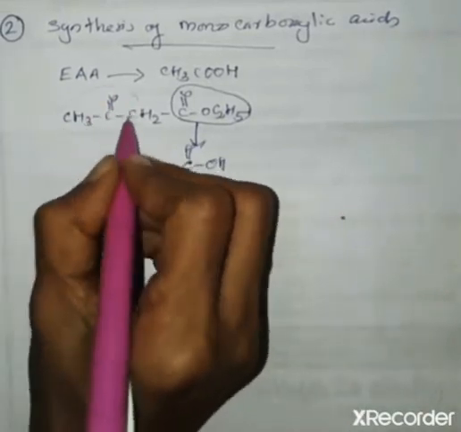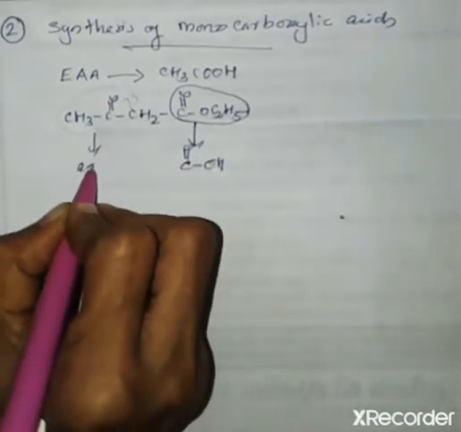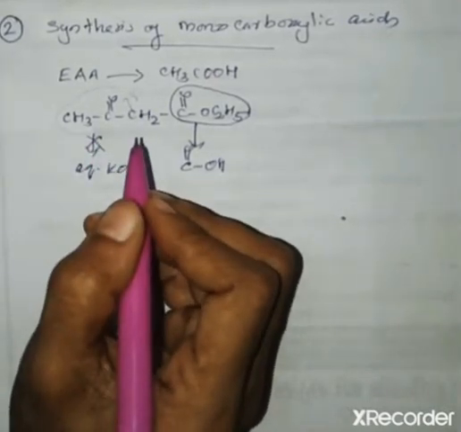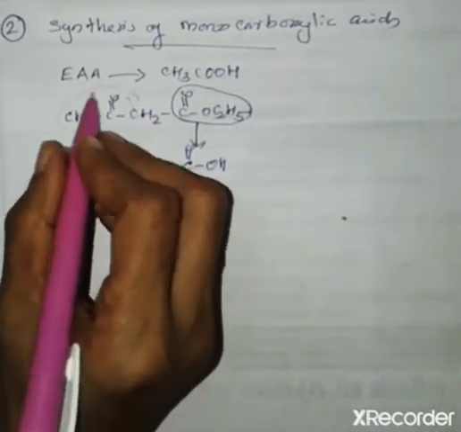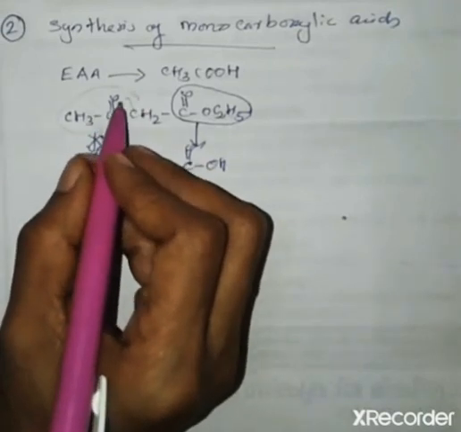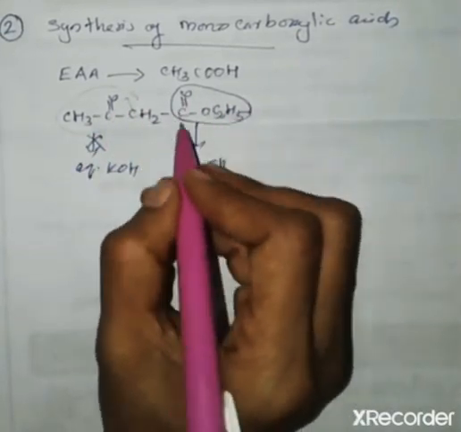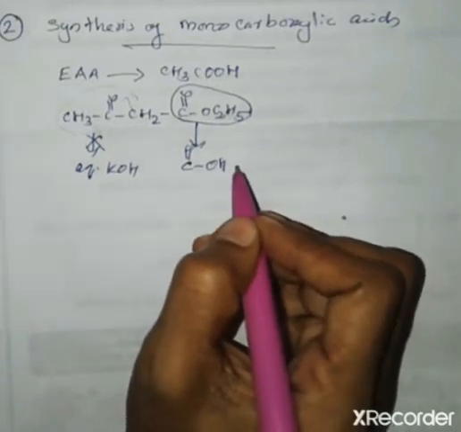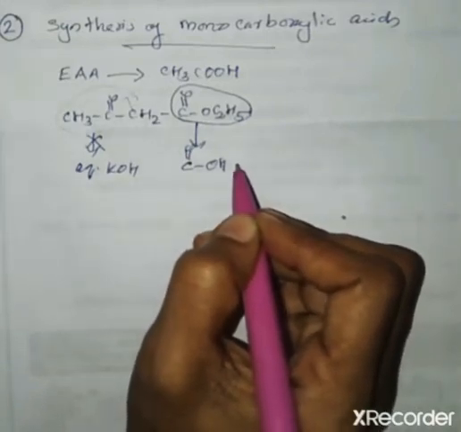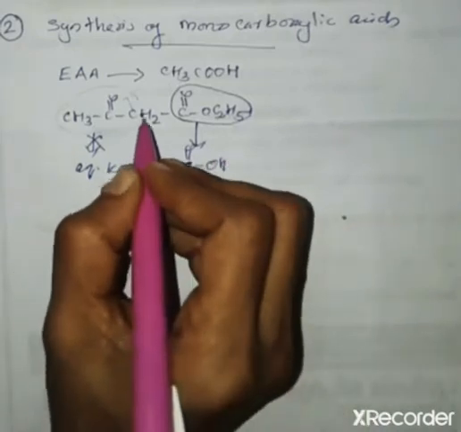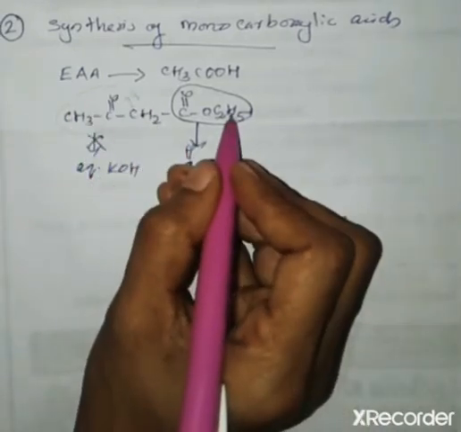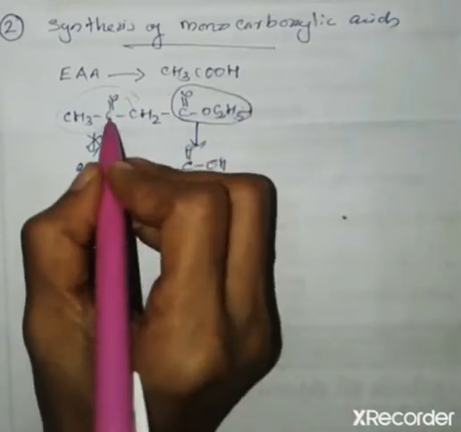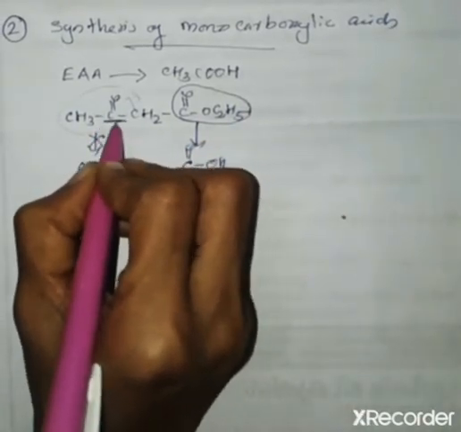The keto group is not affected by aqueous KOH. Aqueous KOH has no reaction on this keto group, but it changes only the ester group into the corresponding potassium salt. In such cases, we get a keto acid. Here there is no breakage of bond, so we get the product with a keto group.